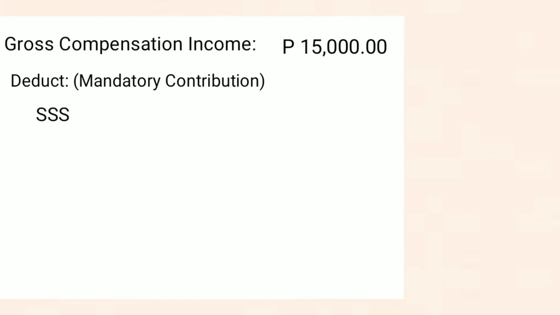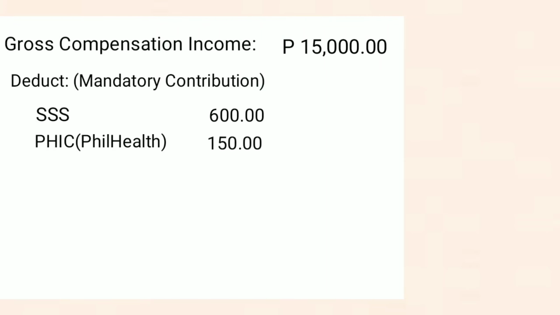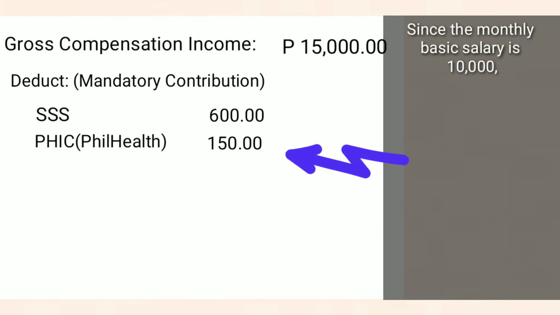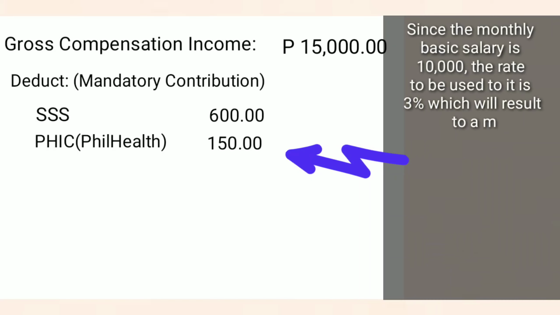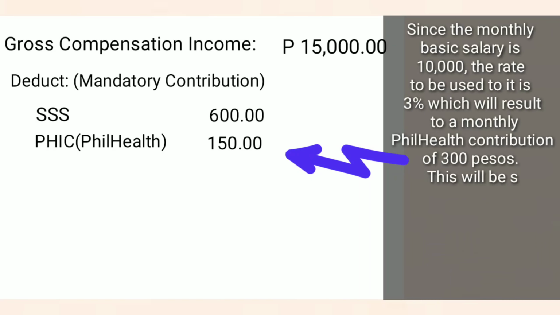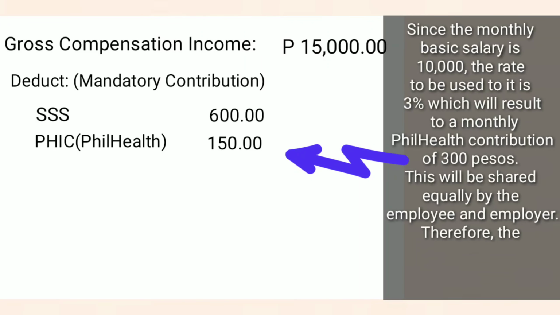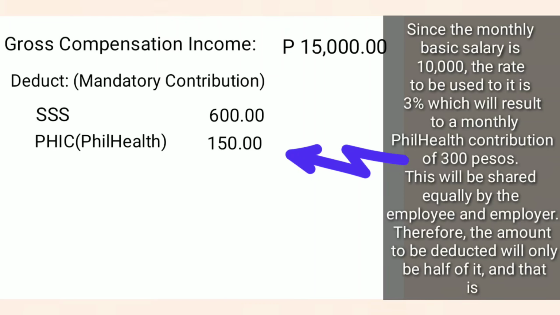For SSS, based on the table, the contribution to be deducted is 600 pesos only. PhilHealth amounts to 150 pesos, since the monthly basic salary is 10,000. The rate to be used is 3%, which will result in a monthly PhilHealth contribution of 300 pesos. This will be shared equally by the employee and employer.